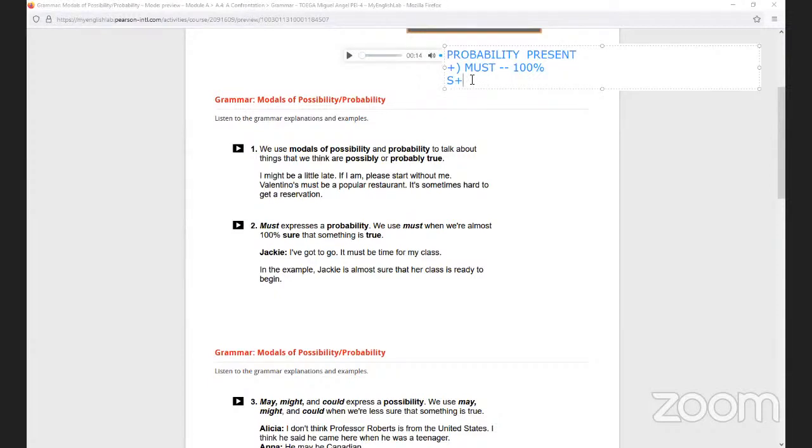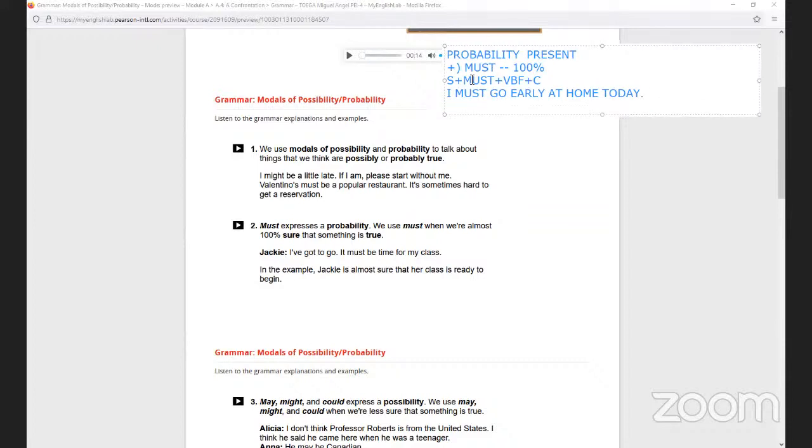The structure is subject plus must, always with the verb in base form and the complement. For example, I must go early at home today. It is a probable thing that something could happen if I don't go early at home.